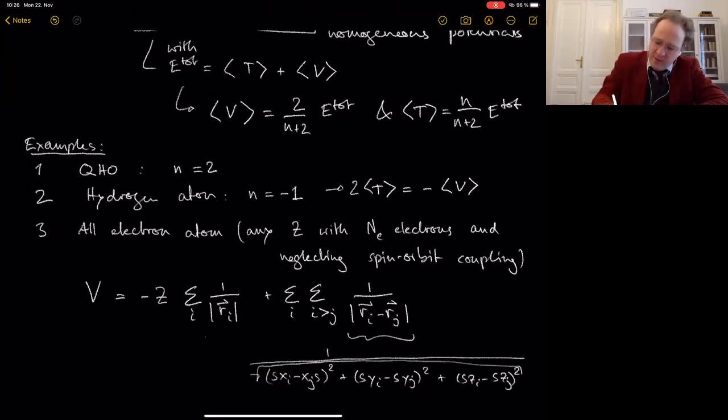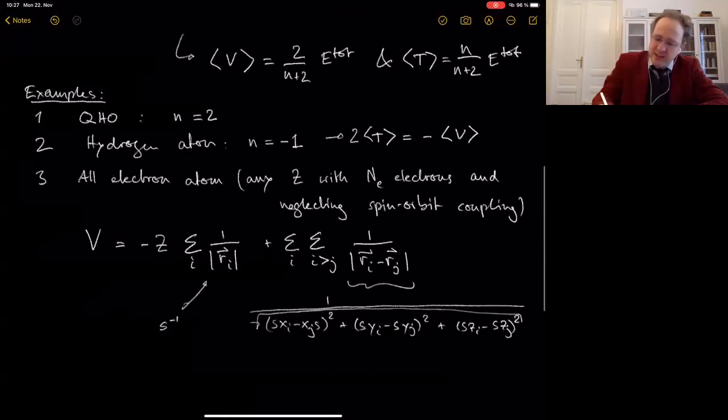Right. For this term, we already saw this in the hydrogen atom. You have n equals minus 1, or another s to the minus 1 here.